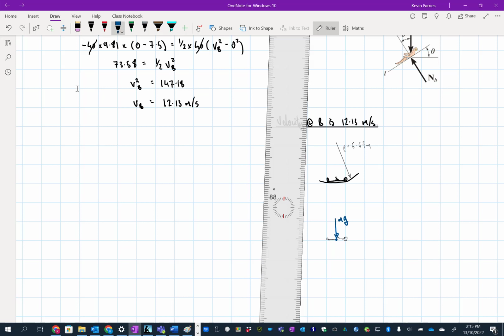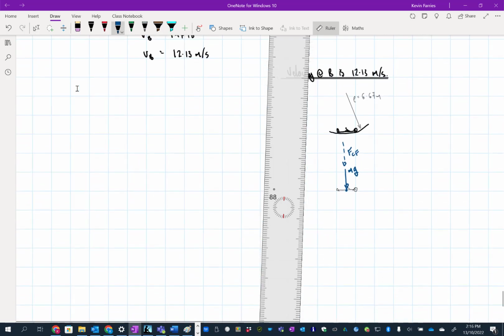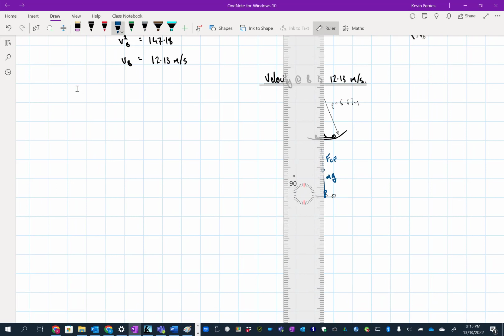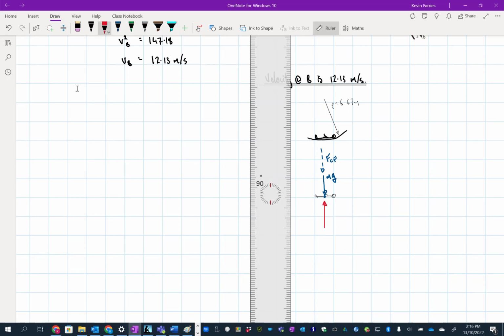But we have also got the centrifugal force, FCF. I guess I should draw that dashed because it's not the right point of application. And then we're going to have a reaction to that. Now both of those should really be vertical, but I don't want to waste your time redrawing them.